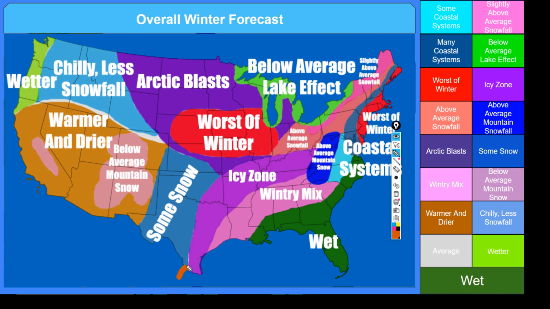Then, since we're going to see the nor'easter track like this, we're going to be seeing some snow on that north side. We're going to be seeing the icy, wintry mix areas over here for parts of the southeast, and then for parts around the coast and parts of like Florida, Georgia, Alabama, Louisiana, Mississippi, parts like that, we're going to be seeing more rain than snowfall or wintry mix.